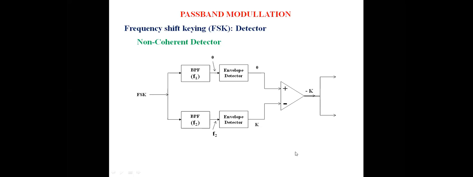When the output is negative, it will be decoded into 0, isn't it? So in this way, we can simply detect and decode an FSK signal into ones and zeros. Okay, any doubt?